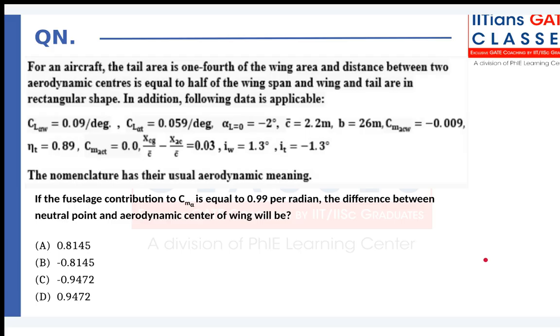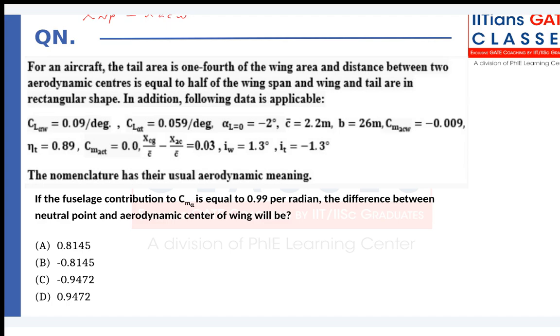So I'll just write the equation. I did mention this in the first question, but I'll write it again. x bar NP initially starts off as the x bar AC of the wing. And as and when you have aerodynamic surfaces, you subtract from that.